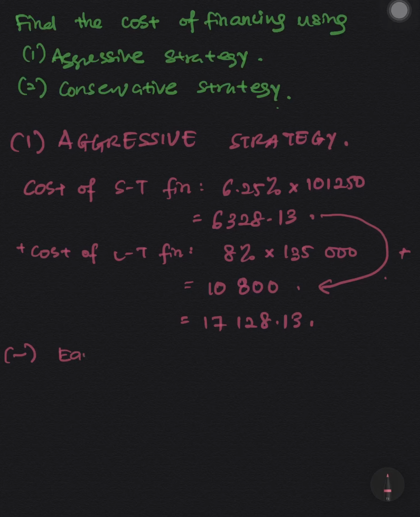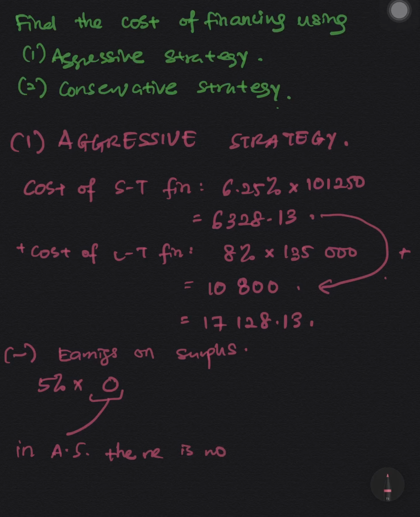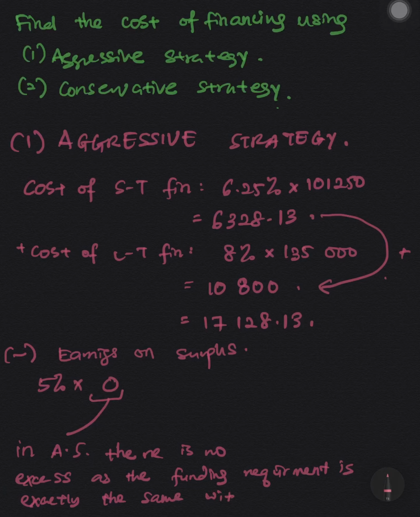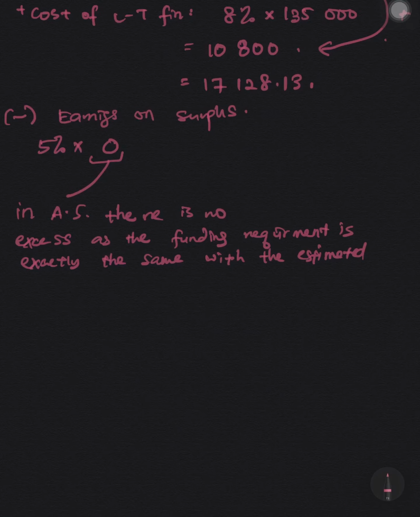So earnings on surplus: 5% multiplied by 0. Why 0? Because in the aggressive strategy, there is no excess, as the funding requirement is exactly the same as the estimated funding.